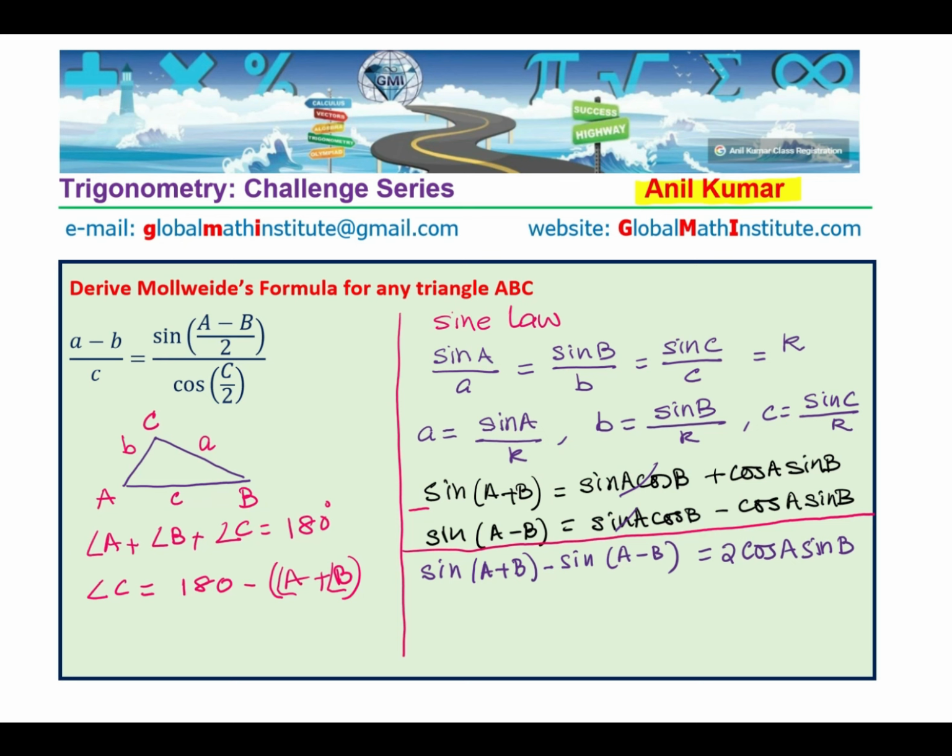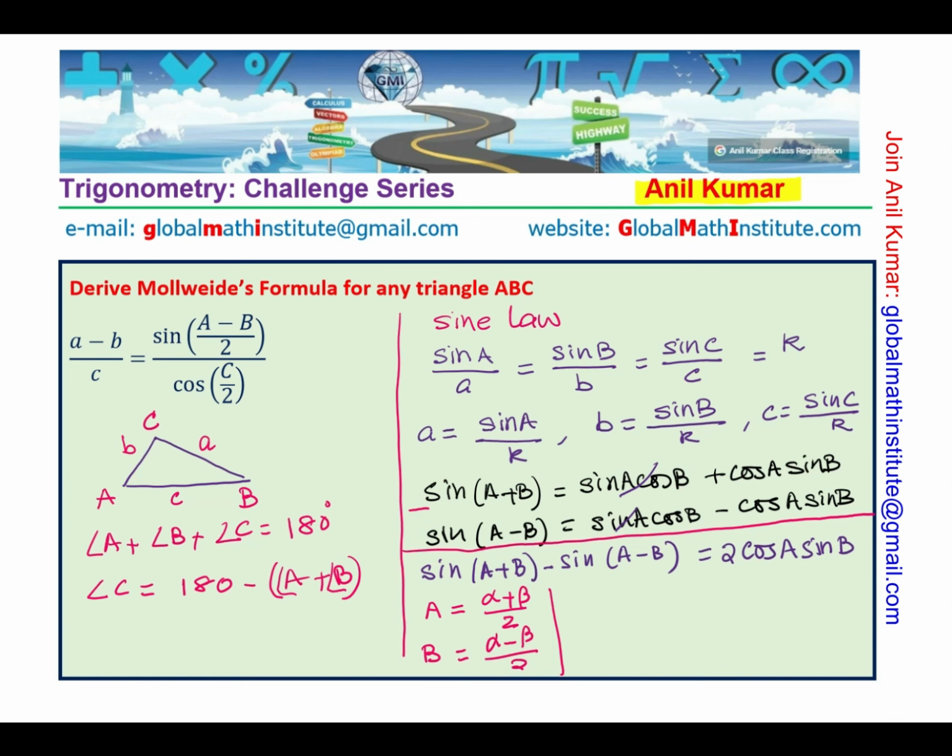Now here, I'll do a small substitution: if I replace A with (alpha plus beta) by 2, and similarly B with (alpha minus beta) by 2, then A plus B will be only alpha, right?